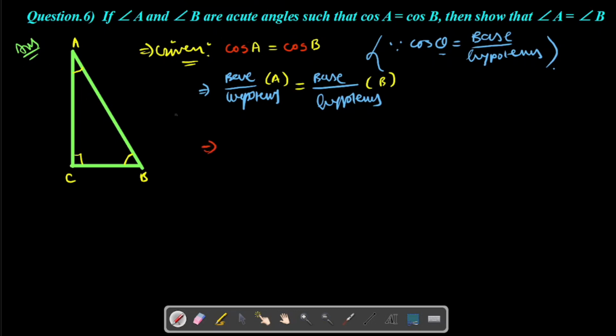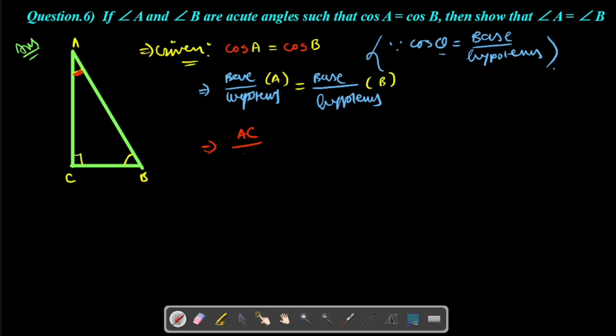Let me look from the eye of this angle. From the eye of this angle, we have AC as the base. So the base for A is AC, and the hypotenuse is AB.